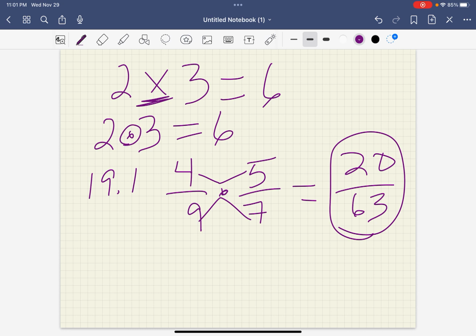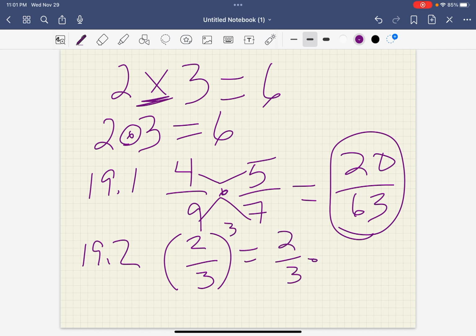In the second example, it's written like this: 2/3 raised to the third power. Now remember what that means is that's 2/3 times 2/3 times 2/3. So when we multiply this, it's 2 times 2 is 4 times 2 is 8.